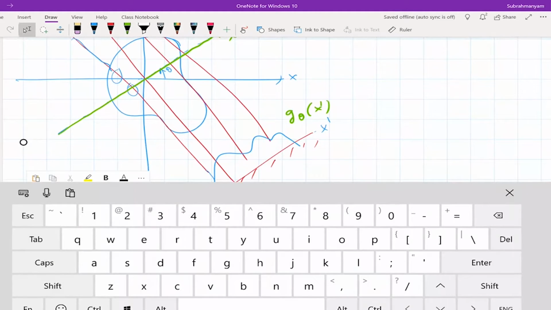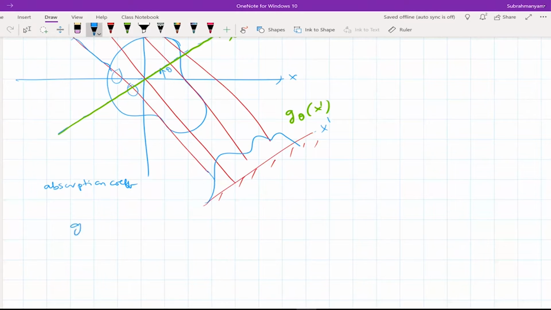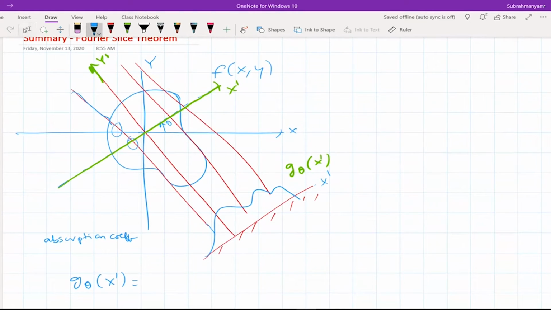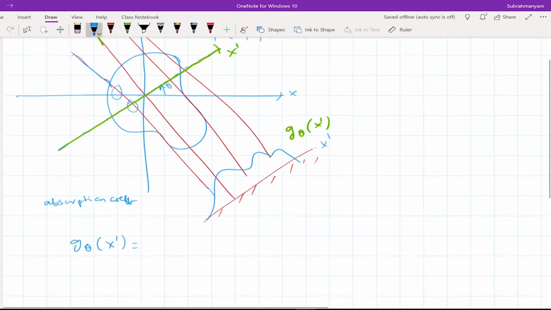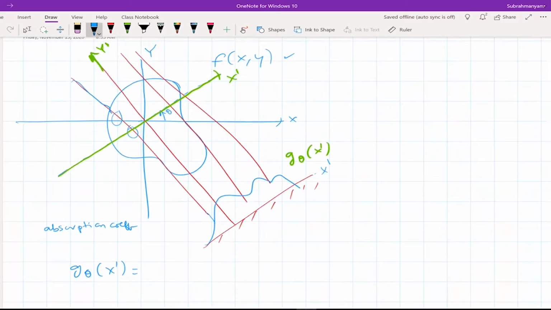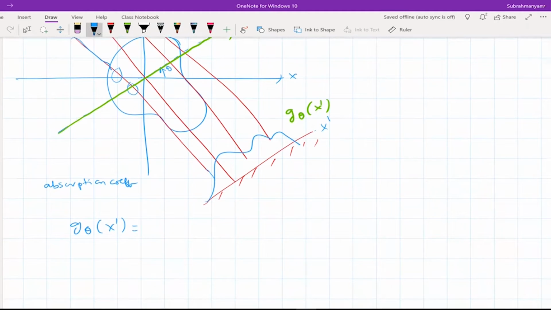Then the first thing we discussed is how to write the expression for g theta of x dash. If you represent f of x,y in terms of x dash and y dash, then you have this information in terms of some other function. Let me call it, for the time being, h of x dash comma y dash. Then how could you get g theta of x dash?